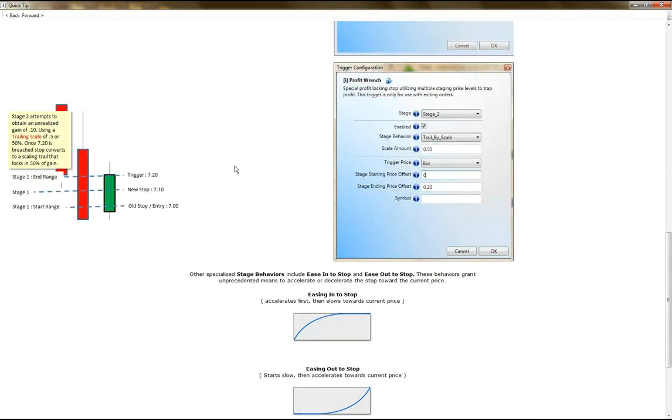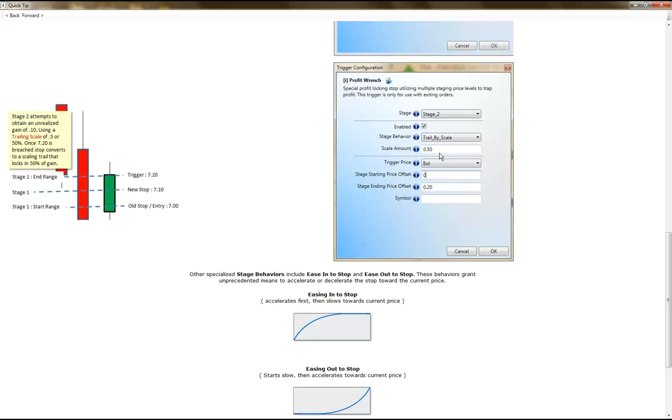Okay? Stage 2. If it reaches 20 cents or higher, then we want it to begin to scale. And scaling in IonDesk is not like percentages. Percentages are based on the current price. For instance, if we're talking about 50% of a $5 stock, we're talking about $2.50.